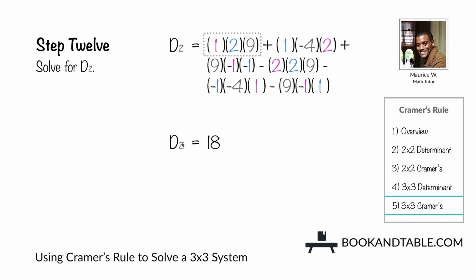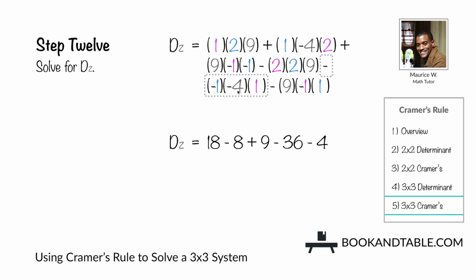So we get dz is equal to 1 times 2, which is 2, times 9, which is positive 18, plus 1 times -4, which is -4, times 2 is -8, plus 9 times -1, which is -9, times -1 is positive 9. -1 times 2 is -2, times 2 is -4, times 9 is -36. -1 times -1 is positive 1.